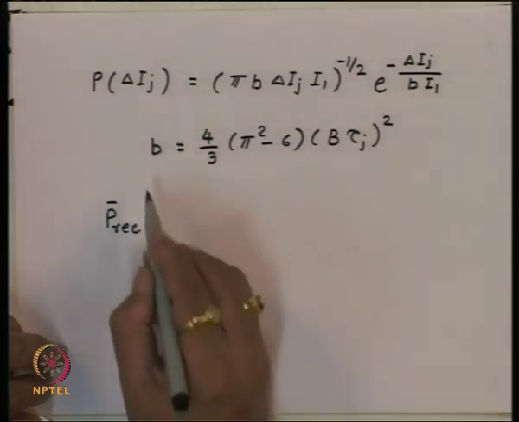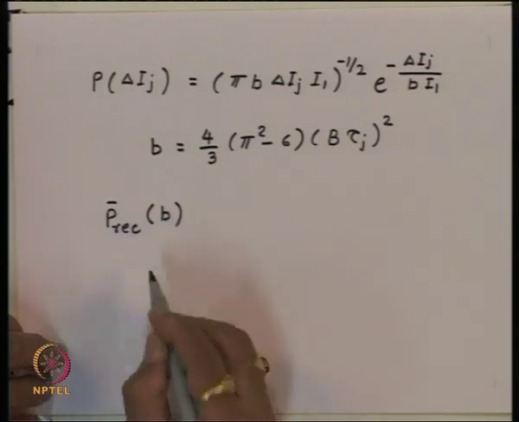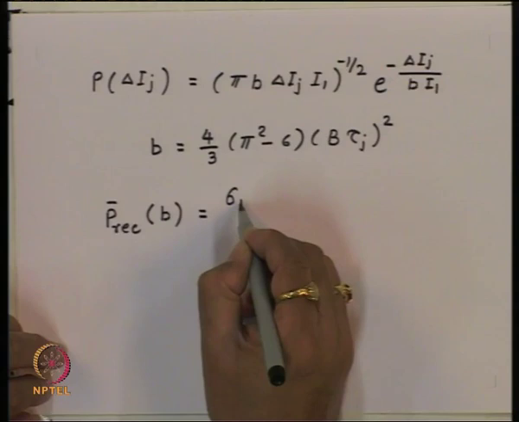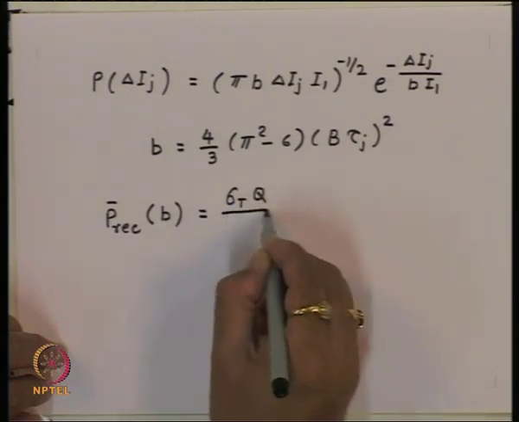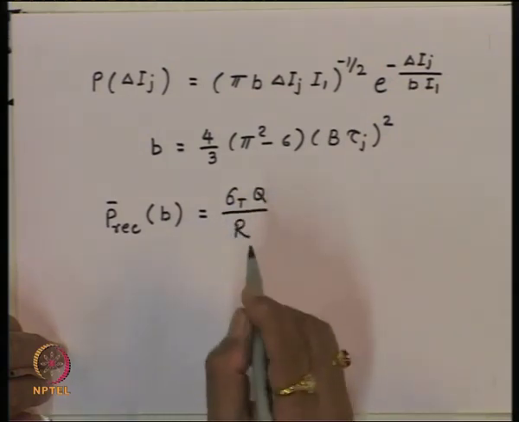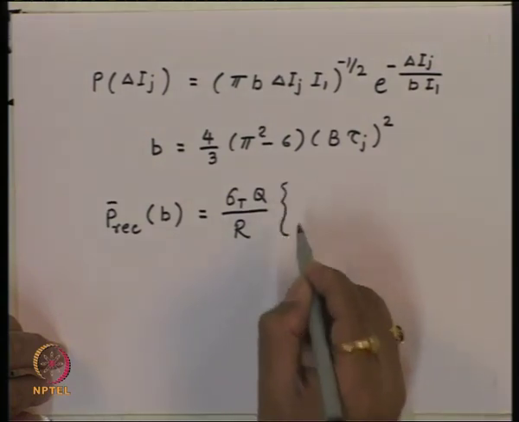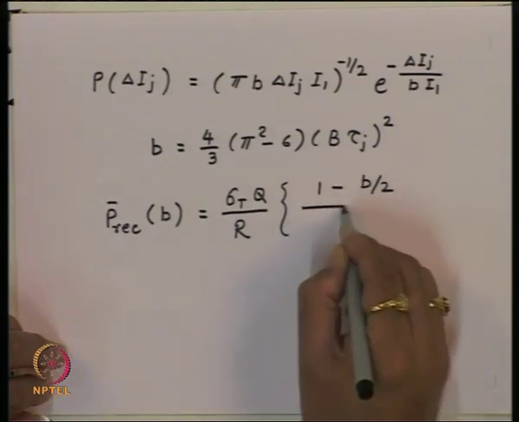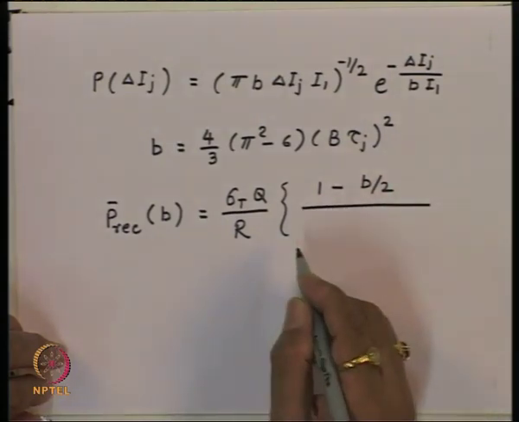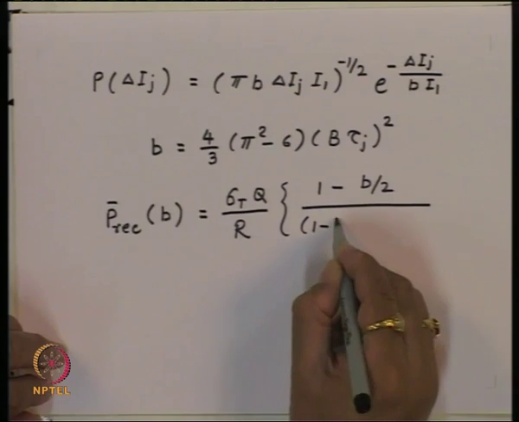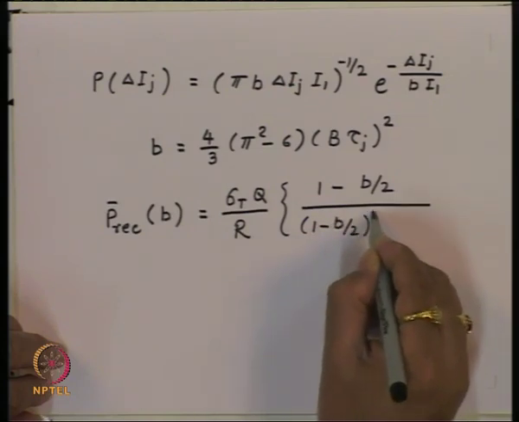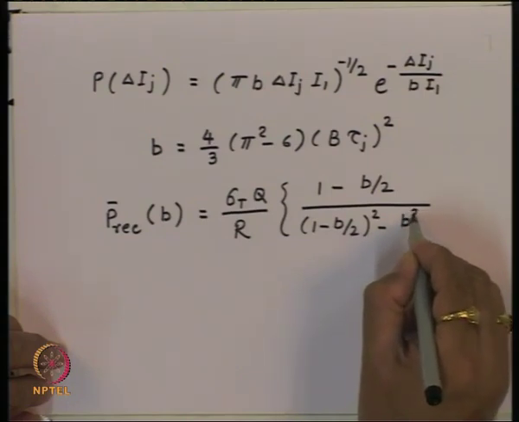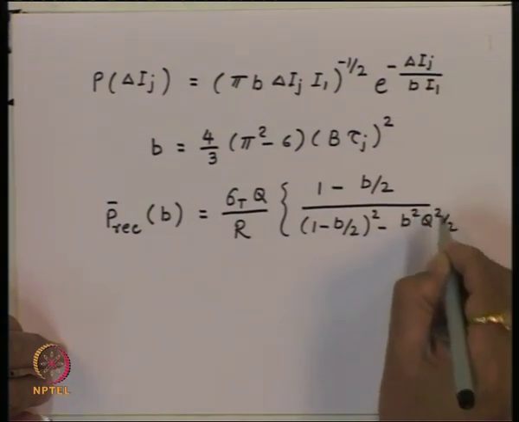So, this is now going to be a function of this parameter b, that is equal to sigma t into q divided by responsivity r into 1 minus b by 2 divided by 1 minus b by 2 whole square minus b square q square by 2.